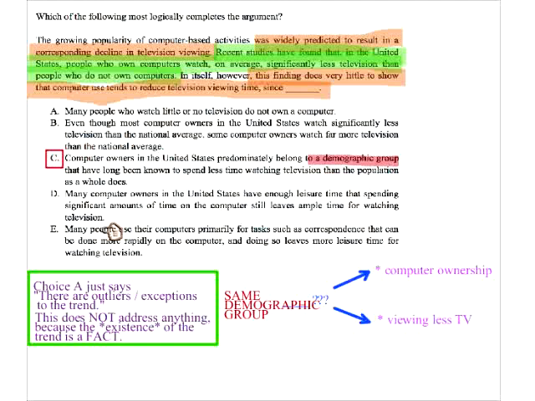Correct me if I'm wrong about that, but do not even think that you can approach these kinds of problems with memorization. This is a warning that I do need to give. Do not approach critical reasoning with memorization. Do not think that critical reasoning has absolute rules.